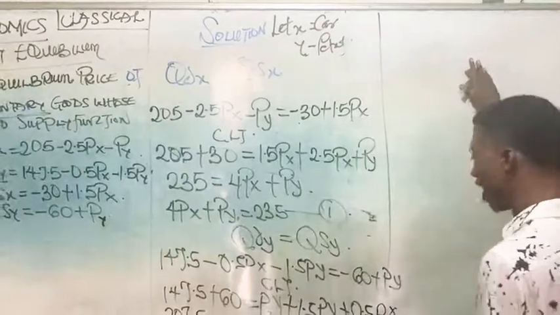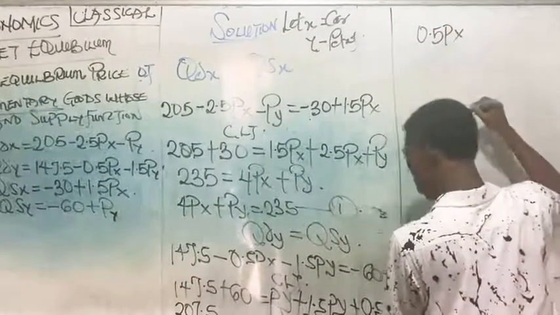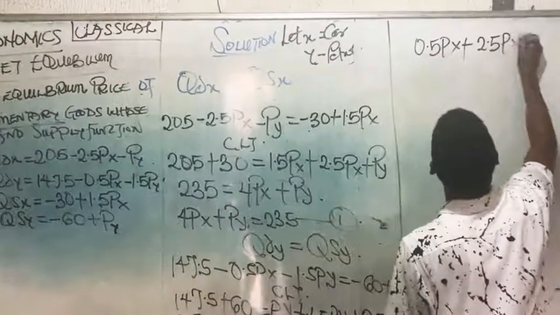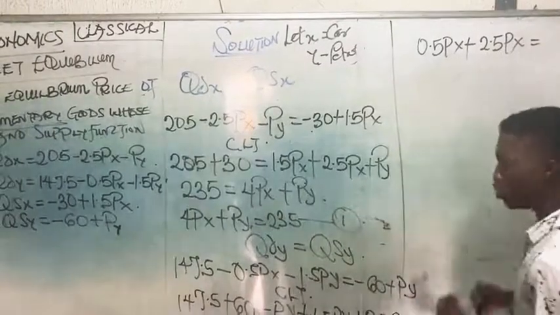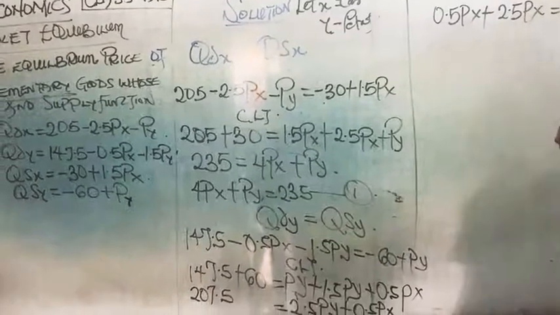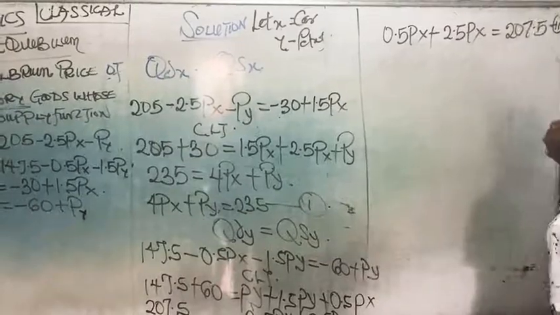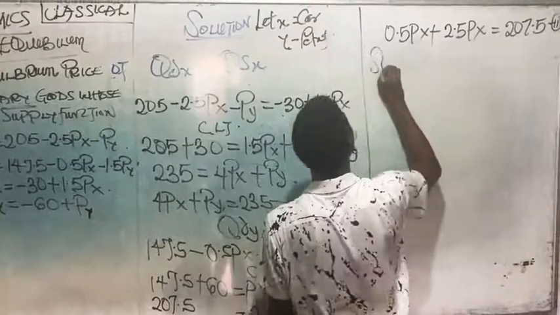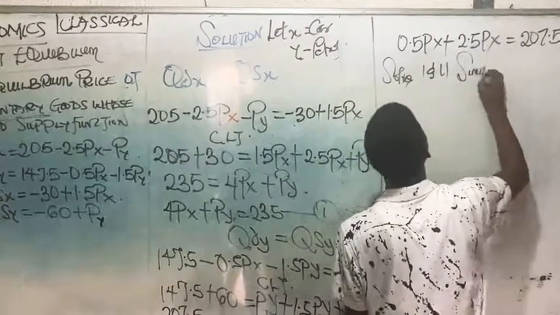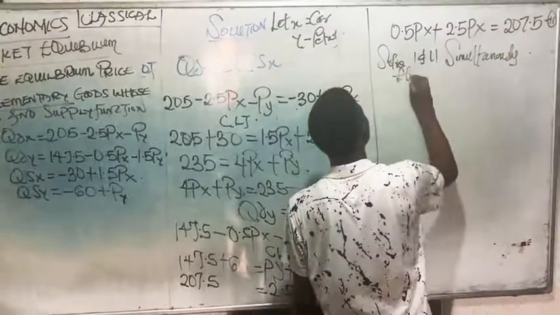I am not changing any sign. Bring this one first. It is 0.5 PX plus 2.5 PY equals 207.5. So that shows that I have determined my equation 1 and equation 2. The next thing to do is to solve equation 1 and 2 simultaneously. Now, using the elimination method.